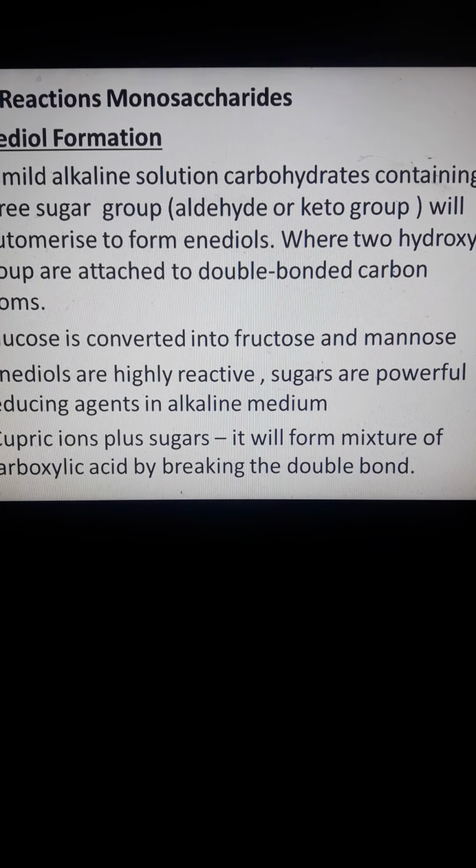Okay, a diol is an alcohol because of OH. Glucose is converted to fructose and mannose. Enediols are highly reactive. Sugars are powerful reducing agents. Why enediols? Because of the double bond. It is very reactive, right? Unsaturated bond. Cupric plus sugars will form mixtures of carboxylic acid by breaking the double bond of the enediols.